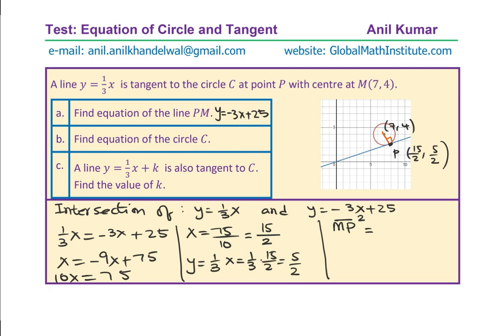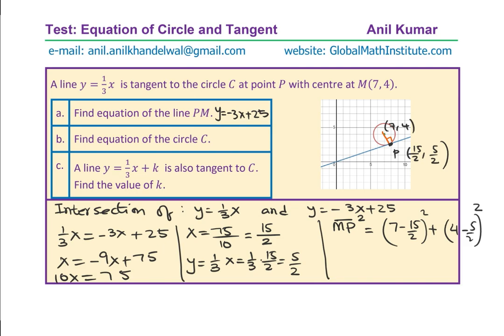You can do the difference of these two coordinates, 7 minus 15 by 2, or you can say 7.5, squared, plus 4 minus 5 by 2 squared, right? That is going to give us the radius, so you can calculate this and then find it.